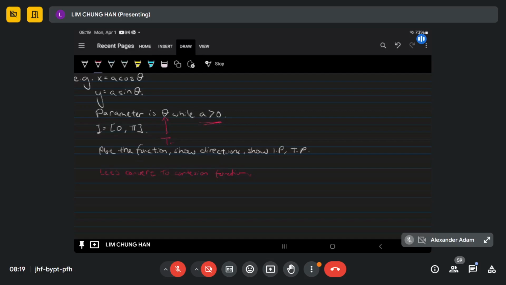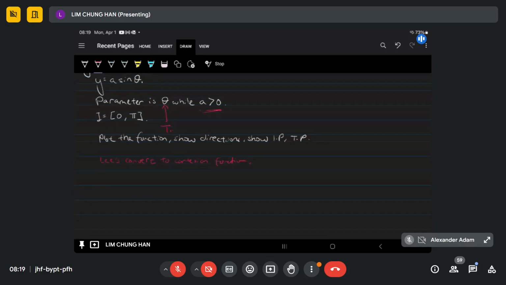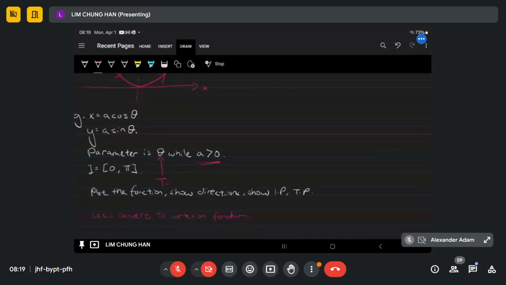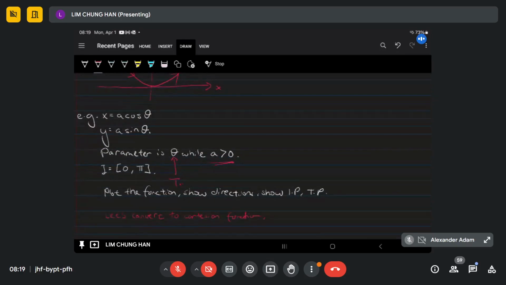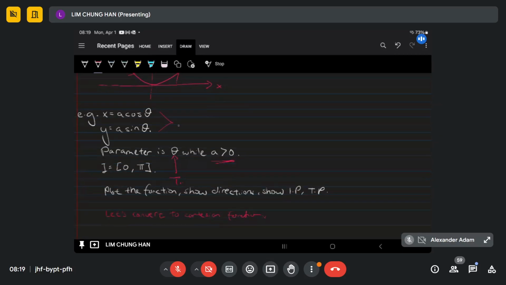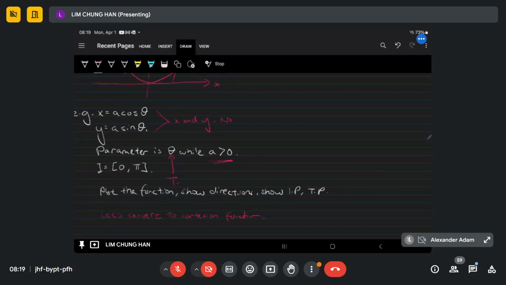So how do we convert? The aim here, when you convert, is always to combine both the x and y equations into one equation that consists of only x and y. So no more theta in this case.